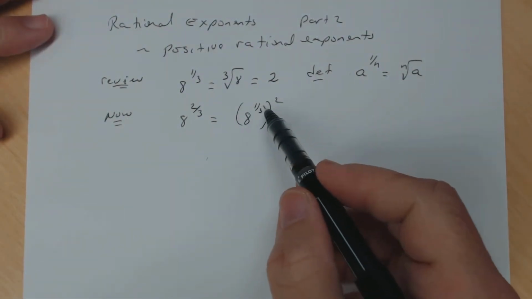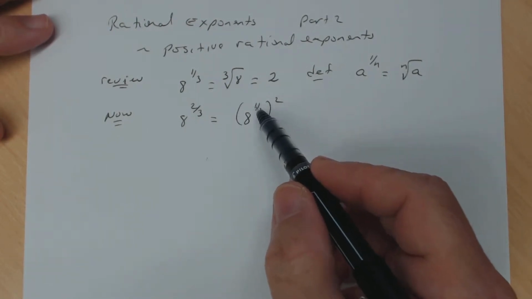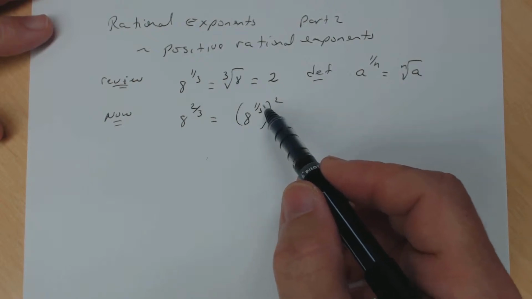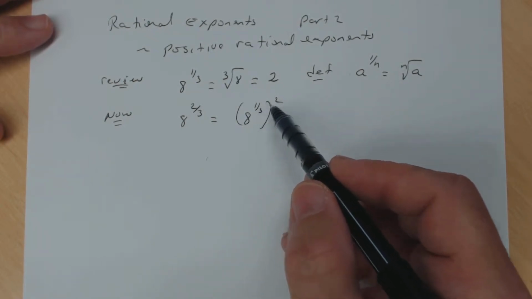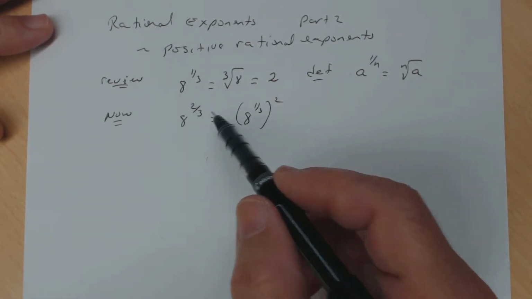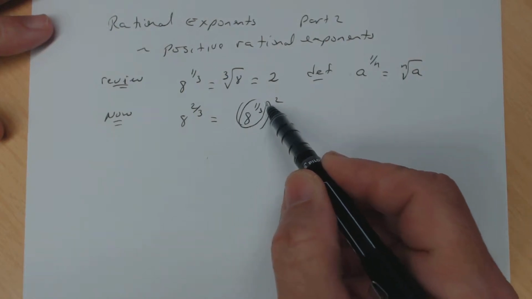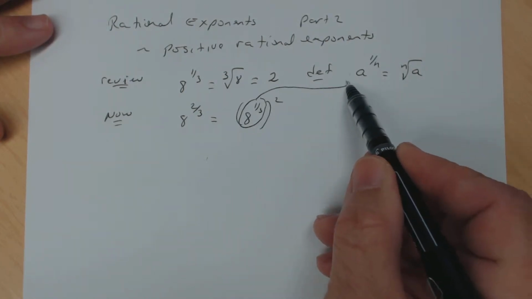And it makes sense because you remember in a previous lesson, the power rule said that when you have a power raised to a power, you multiply the powers. So 1/3 times 2 is 2/3. So that's still true. And then right here, I can now use this definition.